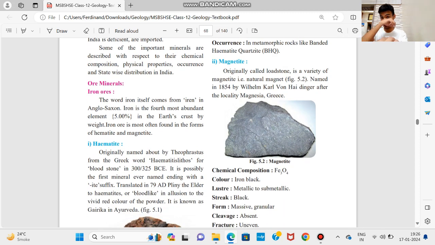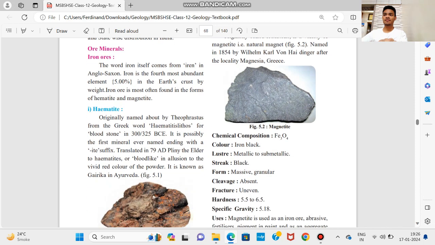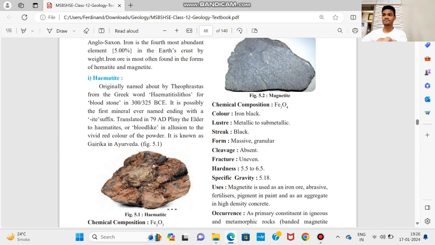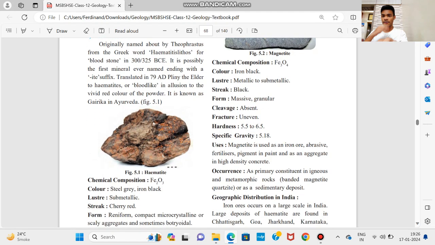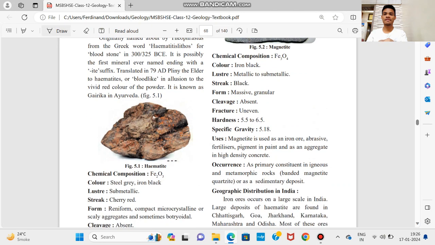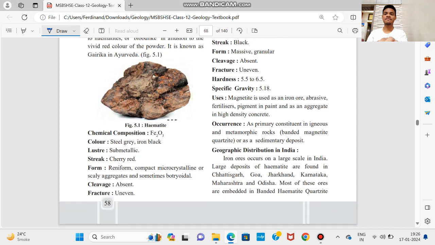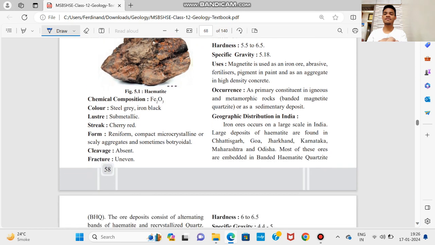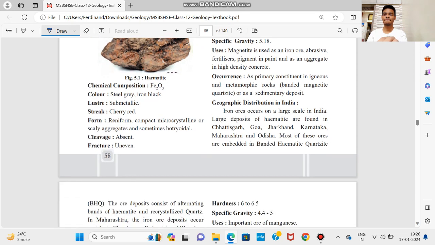You have to remember the uses of each and every mineral. Moving forward, you have to memorize at least some names of the geographic distribution which are majorly found. This mineral is majorly found in that region of India. So these are the two ores of iron.